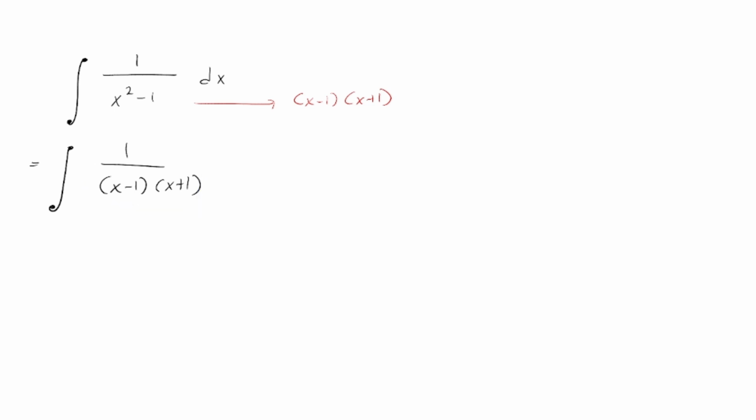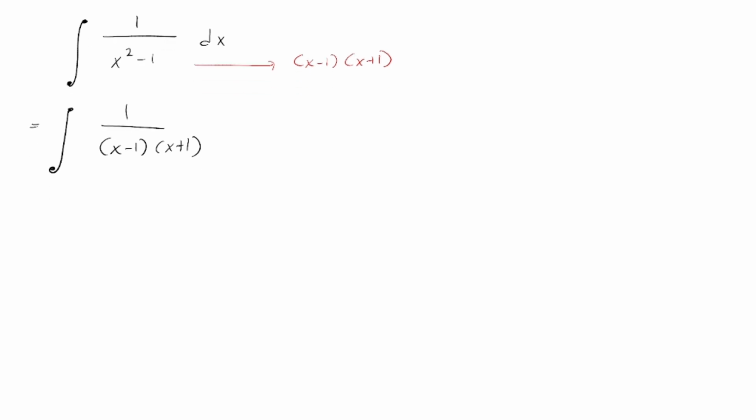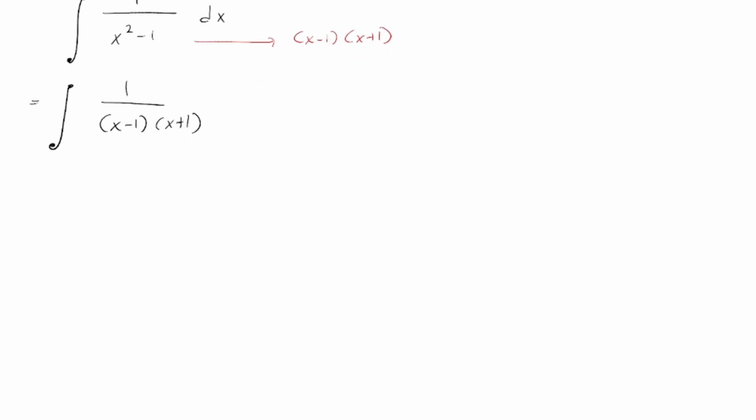Now I want to simplify what's inside this box, and to do that, let's follow the rules for partial fractions. I have 1 over (x minus 1)(x plus 1), and I can rewrite this as A over x minus 1 plus B over x plus 1.